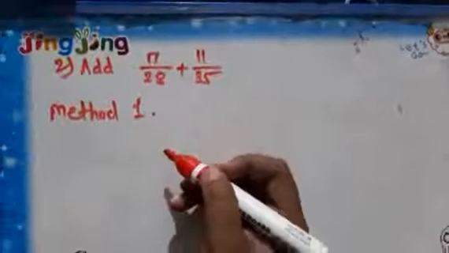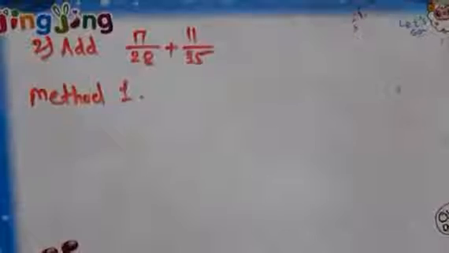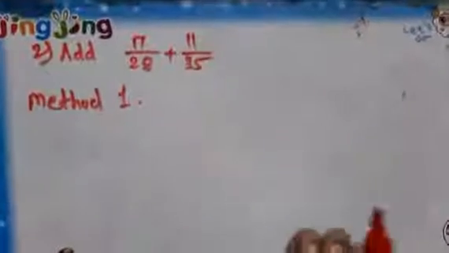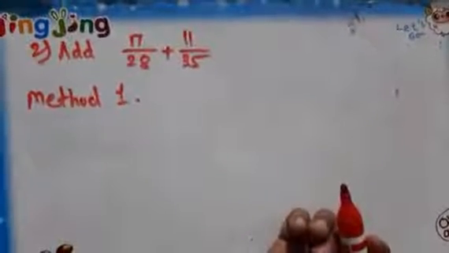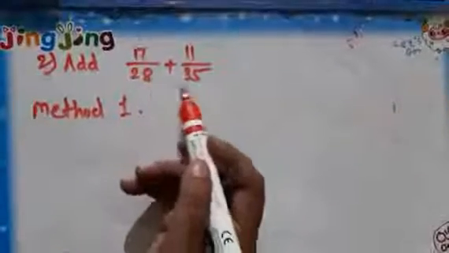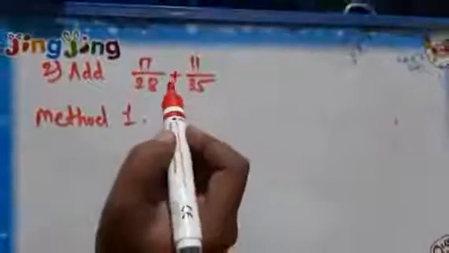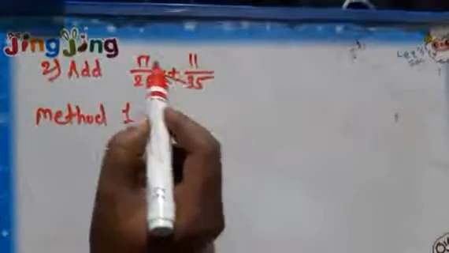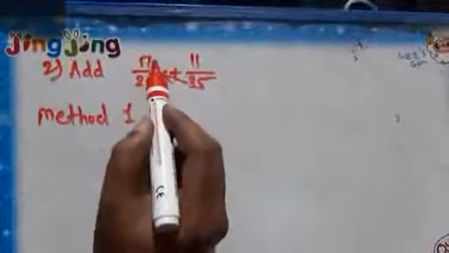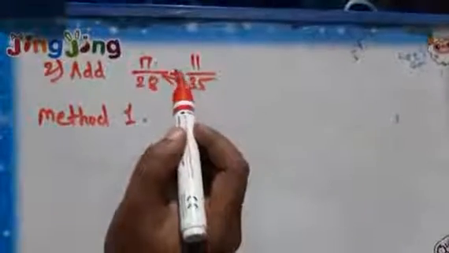The regular or known method for this type of addition, just see that method first, then we will move to the use of LCM for this. So generally how do we do this type of example? By cross multiplication. Our first step will be multiplication of the numerator of the first and the denominator of the second number.